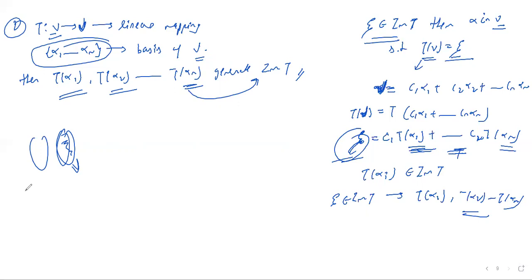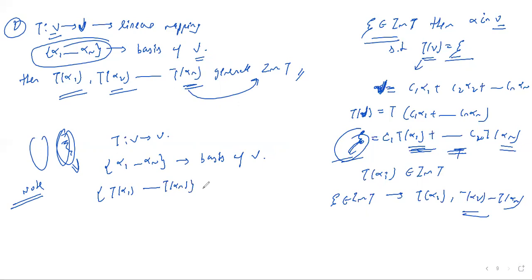Okay, now from this we gain a very important note. My mapping is from V to U, and I have the vectors alpha 1, alpha 2 to alpha n as my basis of vector space V, and then T alpha 1, T alpha 2 to T alpha n is the spanning set of U. That's what we have done here. Further, if my T is injective, that means ker T equals 0.